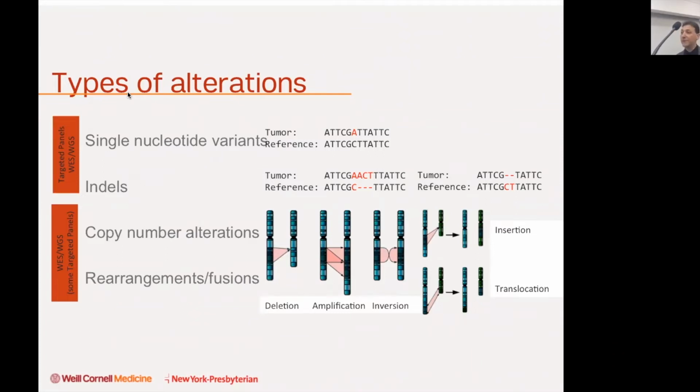And you can have deletions, so missing parts of the genome, amplification, where some parts are duplicated one or more times, and inversions, so a reorganization of the genome. And these also might give rise to what we call rearrangements or gene fusions, where portions of the genome move around to places they're not supposed to be.